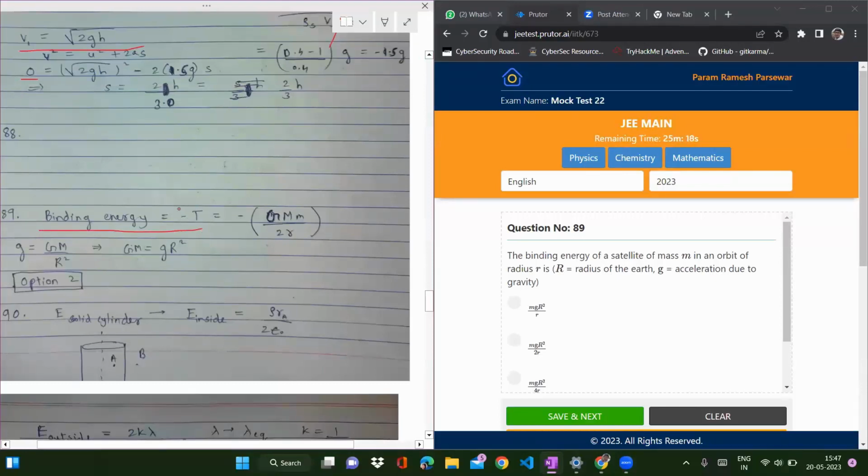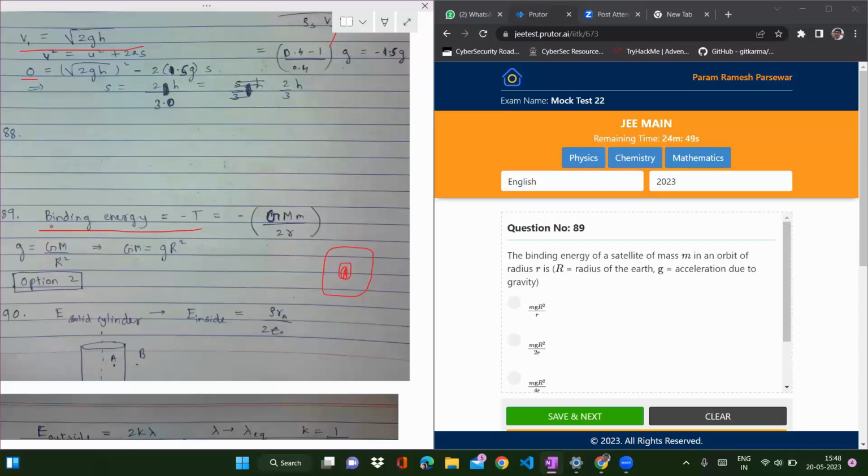It is a bounded system, as we know. Whenever a satellite rotates around Earth, it is a bounded system. It will not go into free space, as it is under the influence of the gravitational force due to the Earth. It is actually bounded to Earth, and so the total energy comes out to be negative.